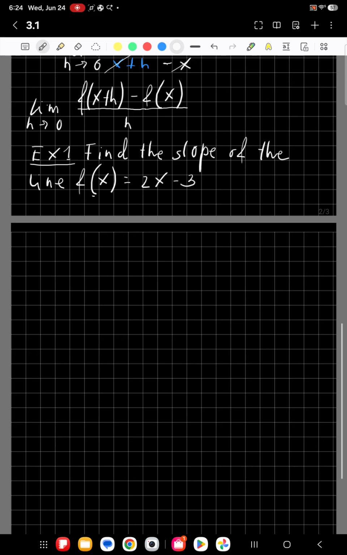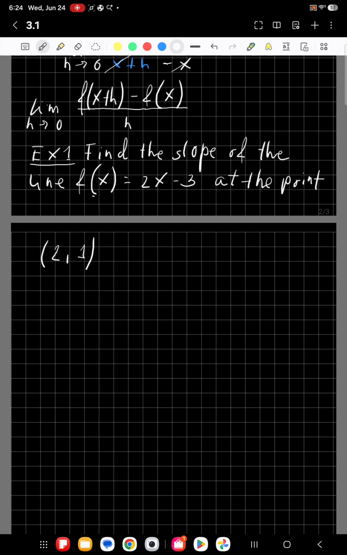Anyway, I managed. So it's right at the point 2,1. Okay, so we'll try to use both of those definitions, the one with c and the other one with h, and see what we get.